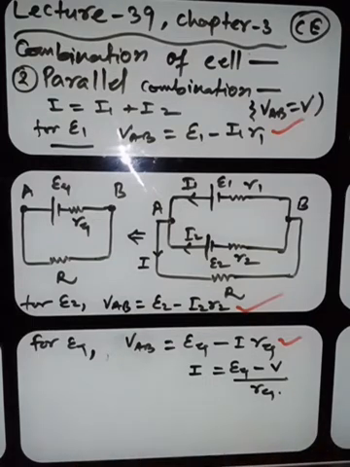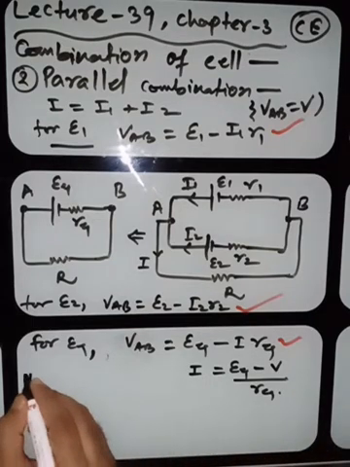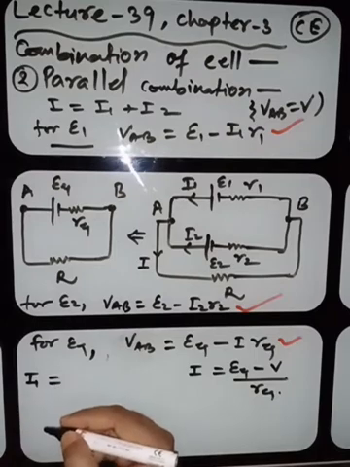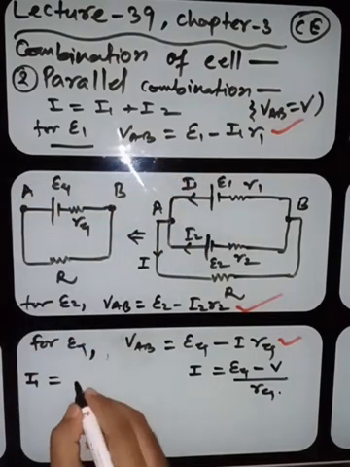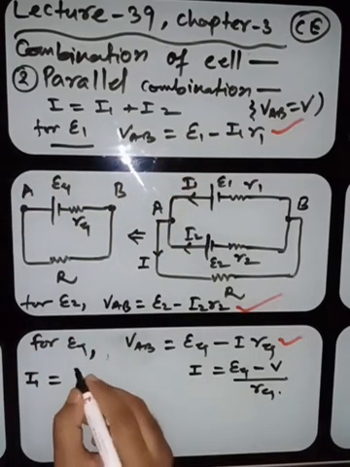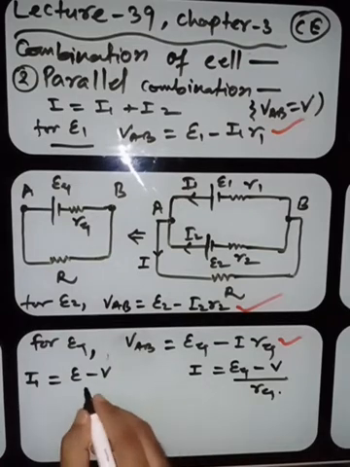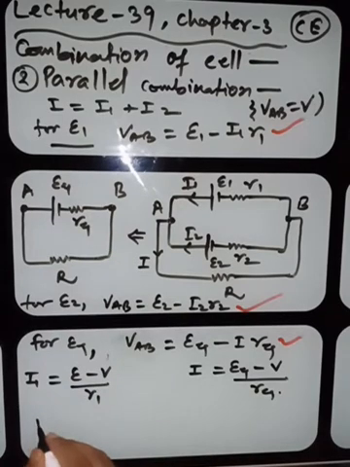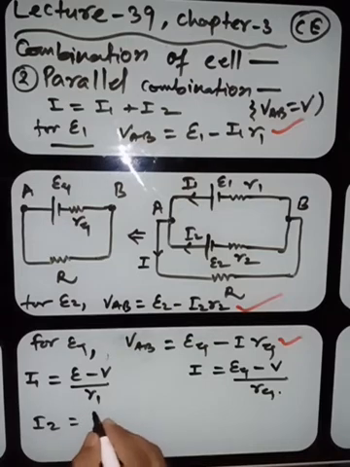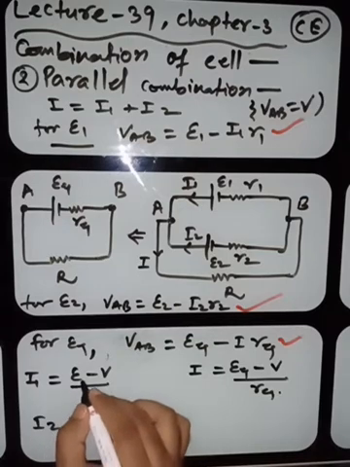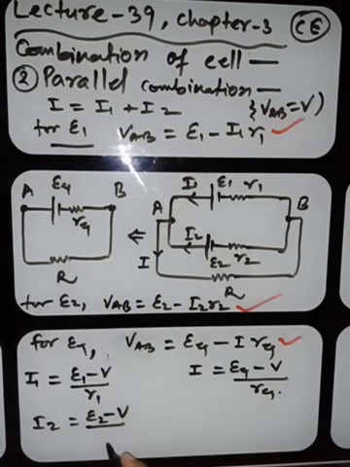In a similar way, I1 will be E1 minus V divided by R1, and I2 will be E2 minus V divided by R2.